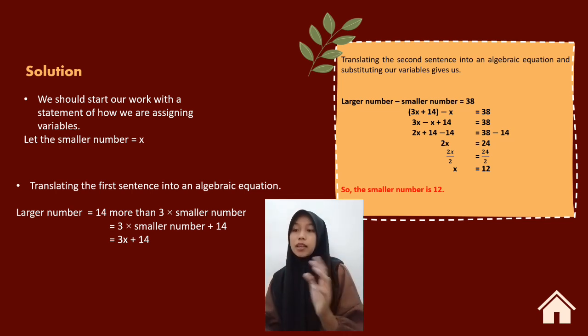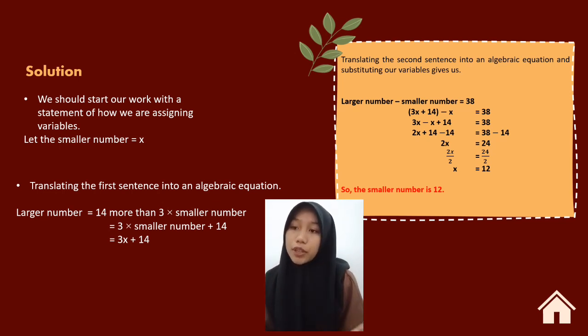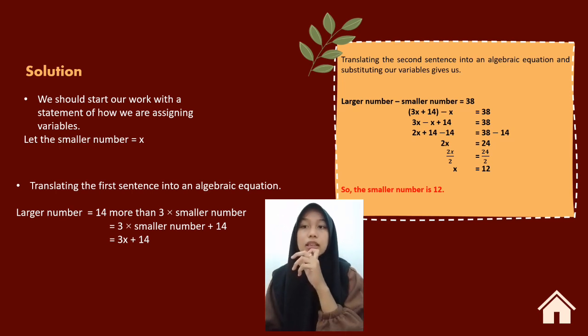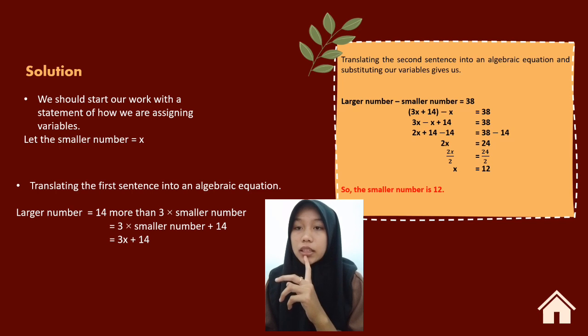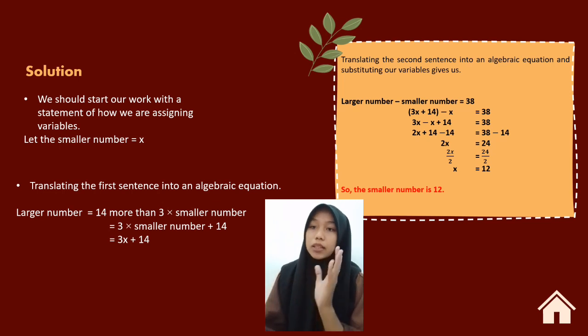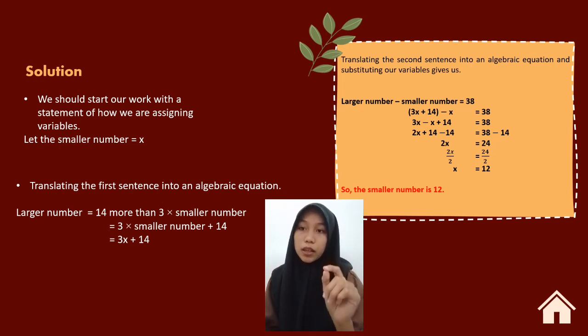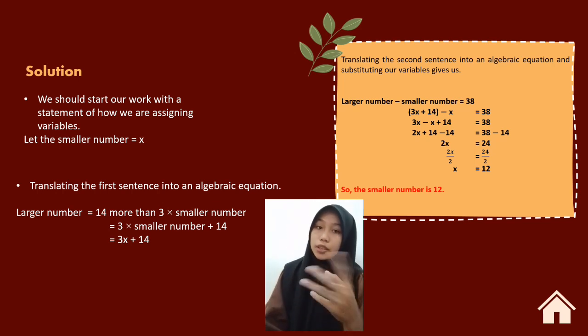So 3 times the smaller number plus 14 is 3x plus 14. Next, we translate the second sentence into an algebraic equation and substitute our variables, which gives us: larger number minus smaller number equals 38.